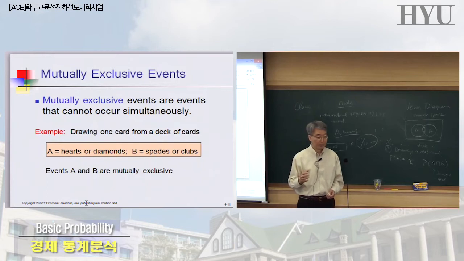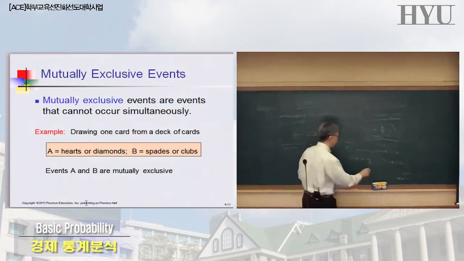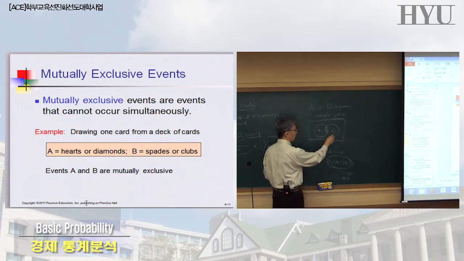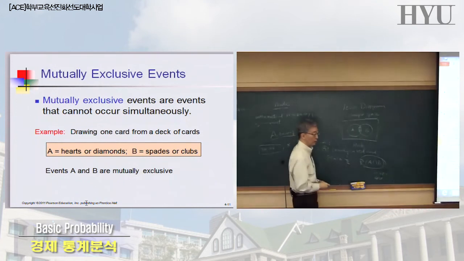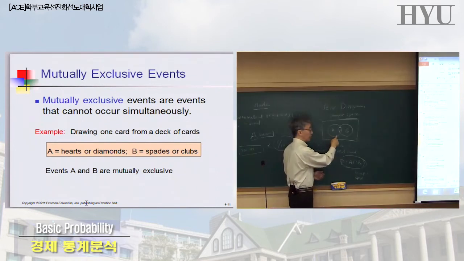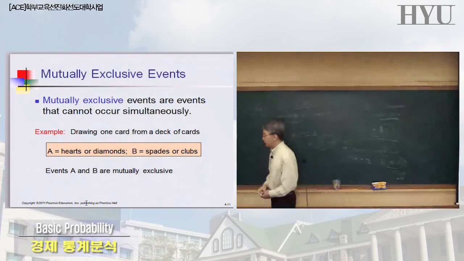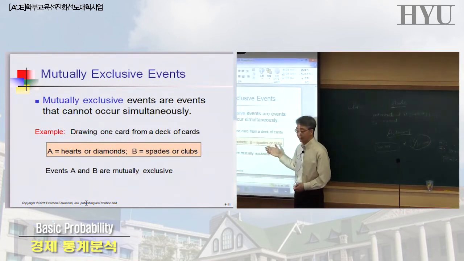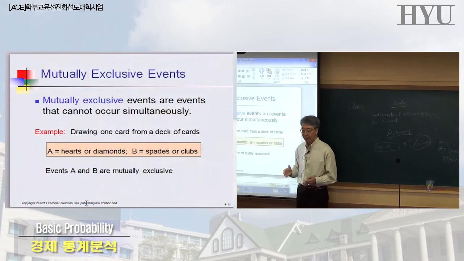We talked about this joint event: A is red, B is ace. It is possible to have those joint events. Just because you picked a red doesn't mean it cannot be an ace. But if you define events this way, red cards, black cards, then obviously there cannot be any joint events.